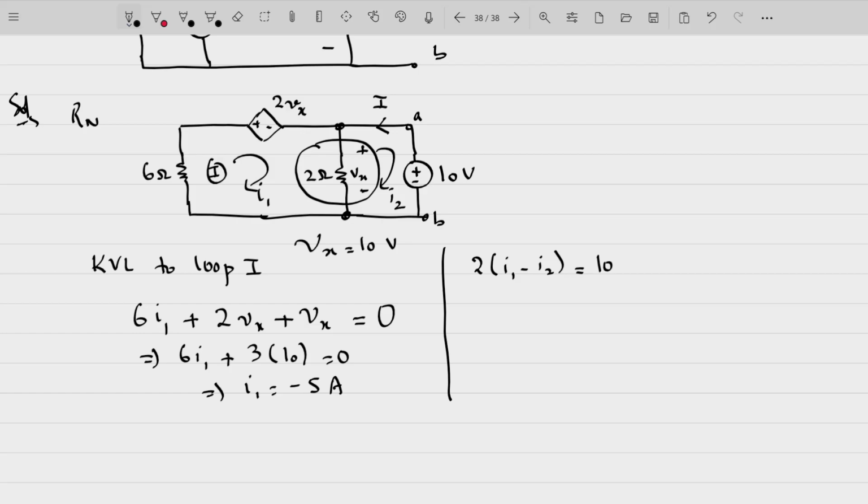Yes, 2(I1 minus I2) is equal to 10. I1 I have already found out, it is minus 5 amperes. 2 into (minus 5 minus I2) is equal to 10, minus I2 minus 10 plus 20. I2 is equal to minus 20. So minus 10.